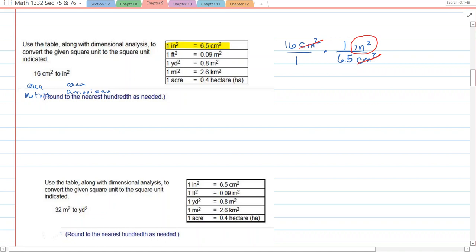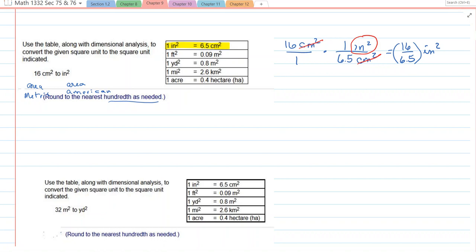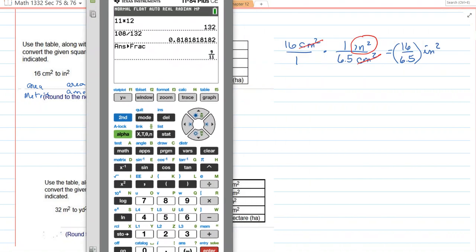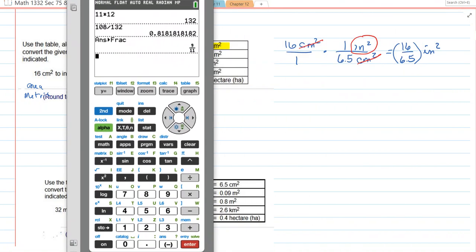So this gives me 16 divided by 6.5 inches squared. So I'm going to do a decimal because it says round to the nearest hundredth as needed. So let me get my calculator. Let me clear it. And I'm going to enter the 16 divided by the 6.5.